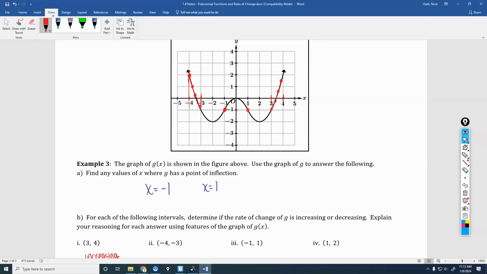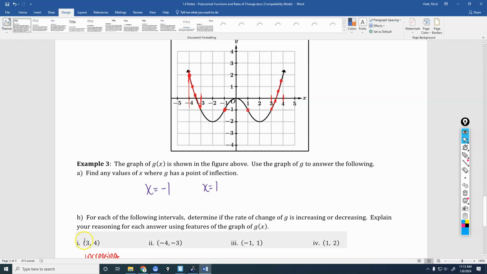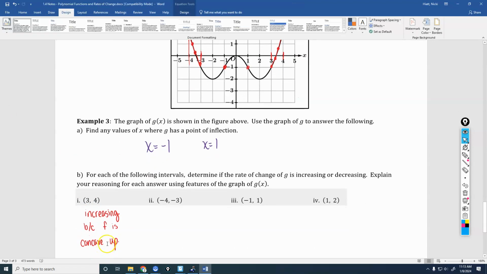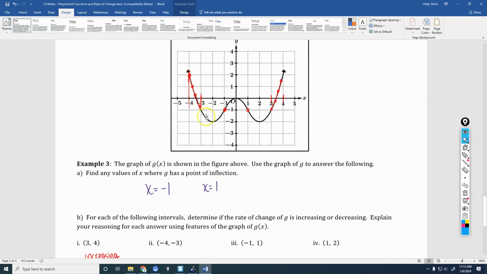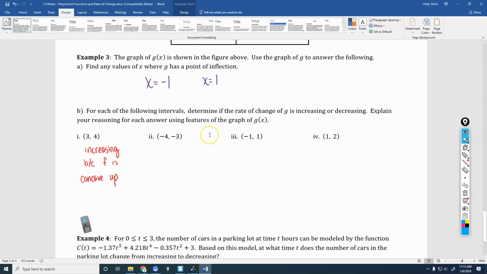It looks pretty linear right there, but my graph is decreasing for sure. But my rate of change, in this case, is increasing. It's steeper at that first little segment than it is down here. It's a little hard to tell, but we just said we were increasing over here because F was concave up. Are we concave up or down here? Up, right? So we would, again, be increasing.